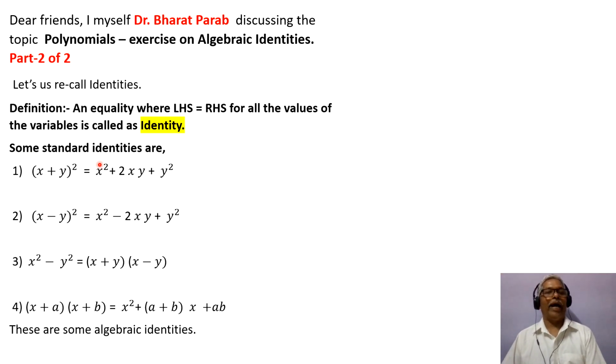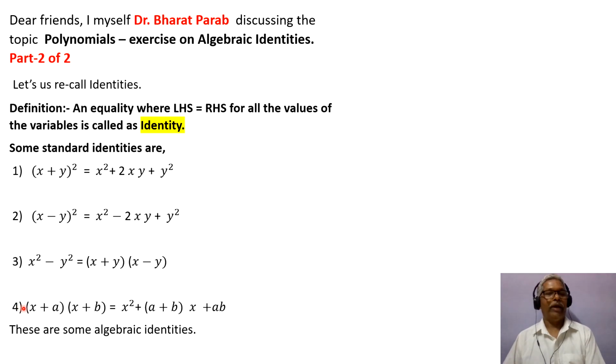Some standard identities are: 1, (x plus y) the whole square equals x square plus 2xy plus y square. Second one, (x minus y) the whole square equals x square minus 2xy plus y square. Third one, x square minus y square equals (x plus y) into (x minus y).